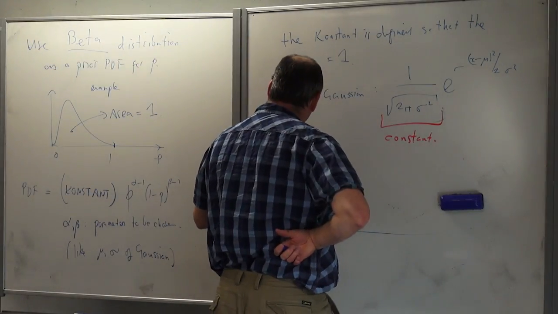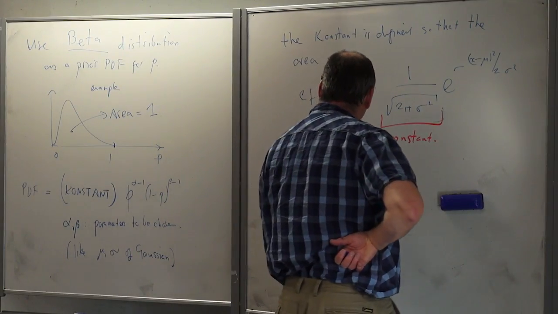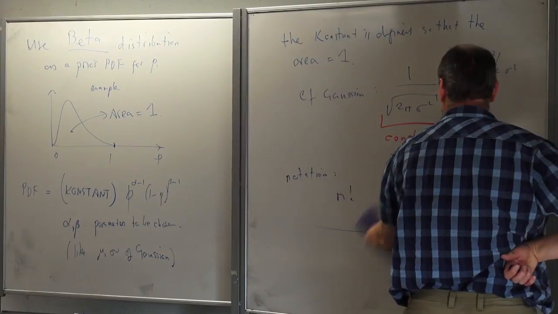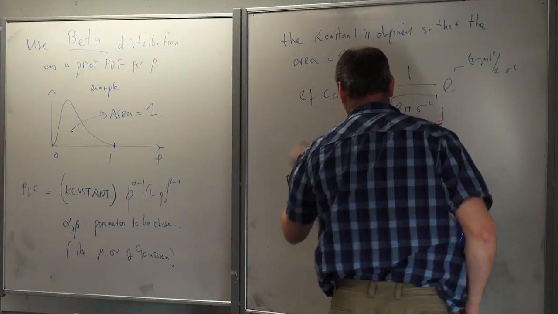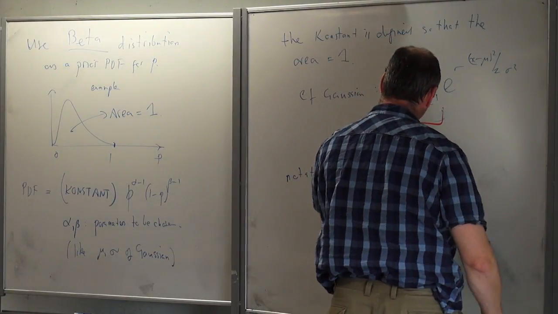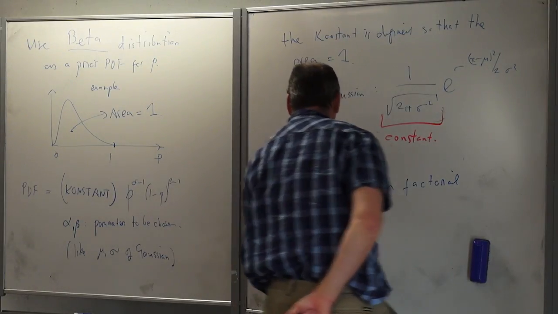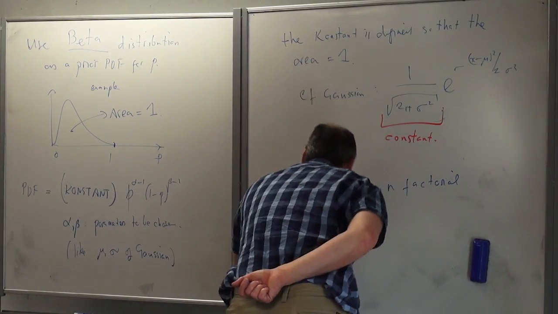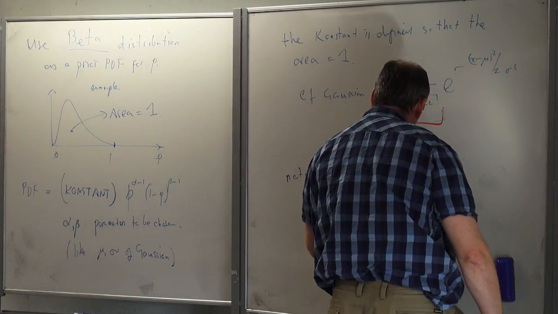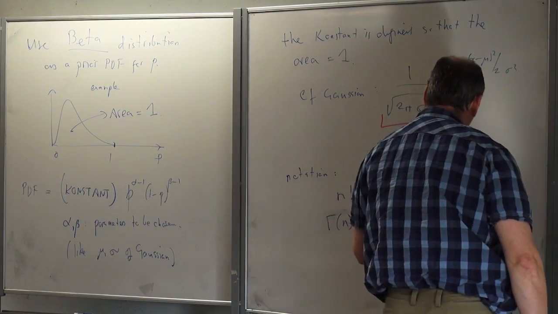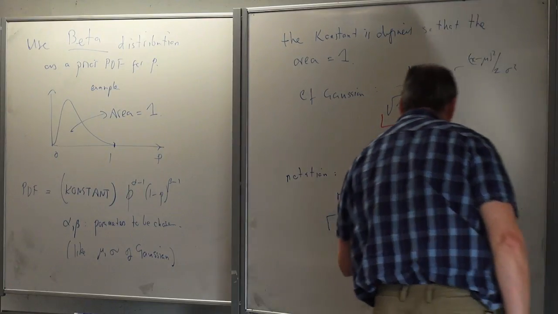I'm just going to give you a notation here. N, exclamation mark, n factorial, yeah? Equals n minus 1 factorial equals the gamma function, gamma of n.